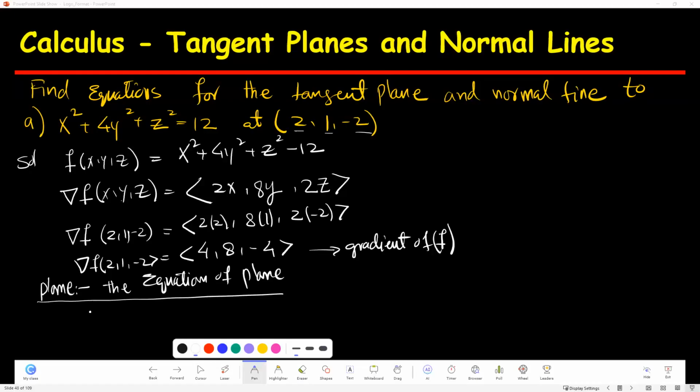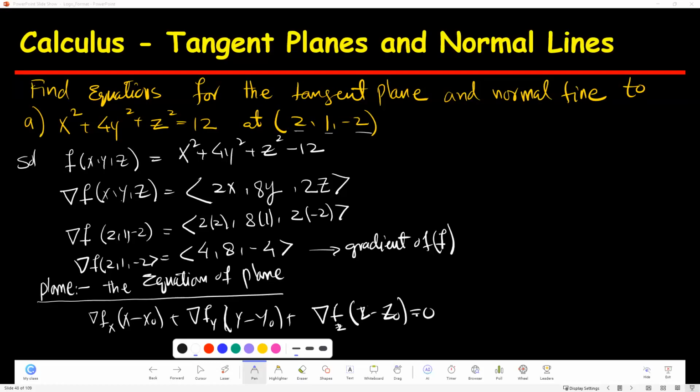We're going to be writing like this. It must be equal to 0. In this thing, I think everything is given. So I'm going to substitute the values. Maybe I can go here and substitute the values.